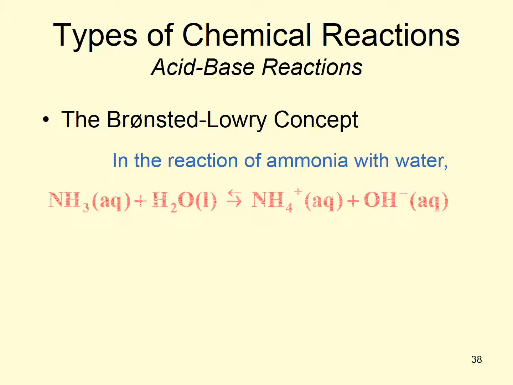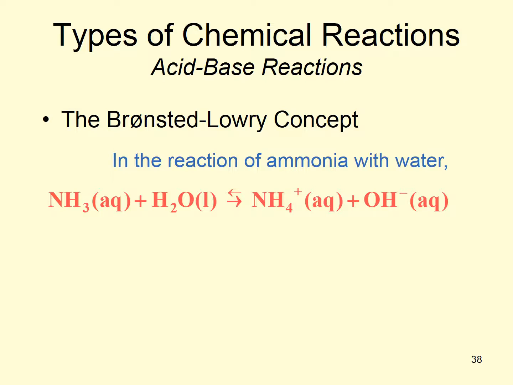All right, so here's an example. Like we just saw a minute or two ago, ammonia and water give us NH4 plus and OH negative. We see that ammonia is a base because it produces OH negative, but if we look at the Bronsted-Lowry concept, we can see that NH3 accepts an H plus to go from NH3 to NH4 plus.